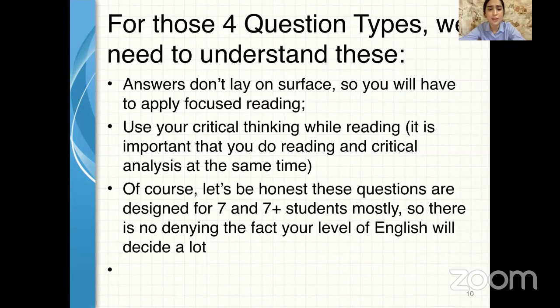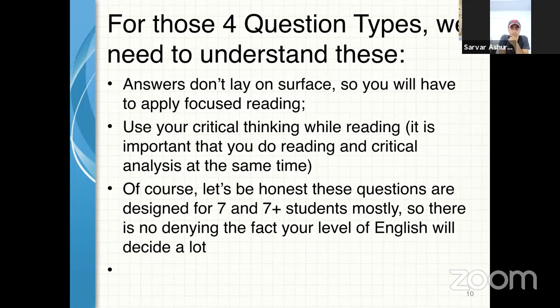And last thing that I hope you and I will agree on and share the same mindset on would be the fact that those types of questions are usually and mostly designed for the candidates of 7 and 7.5 and higher scores, and they are by definition, by default, hard. So there is no denying the fact that your level of English will decide a lot.